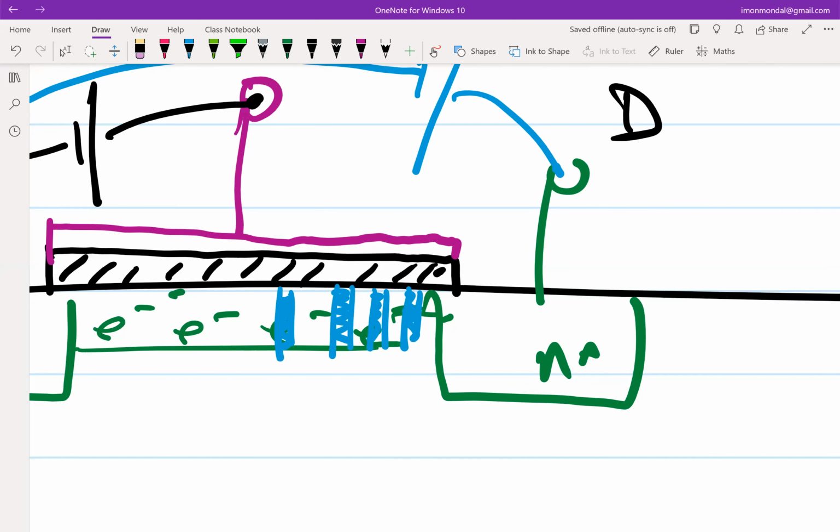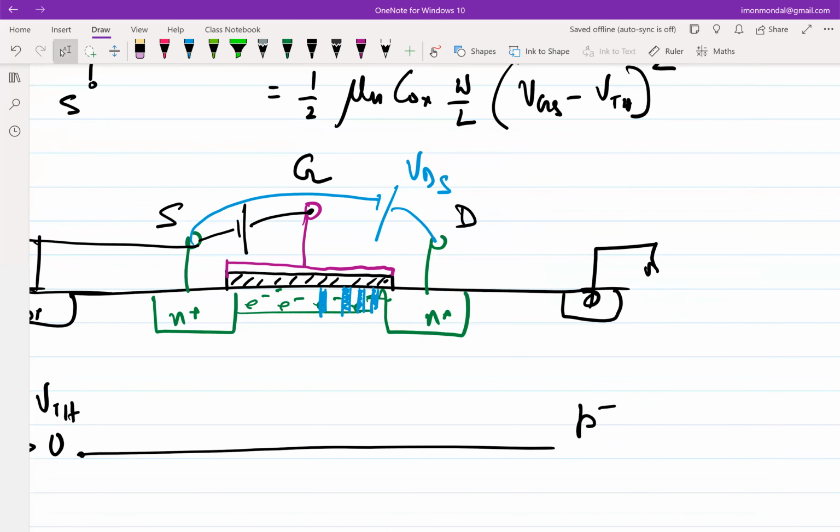Correct? So if I increase VDS, which means that the channel voltage here increases compared to the channel voltage towards the source side, correct?